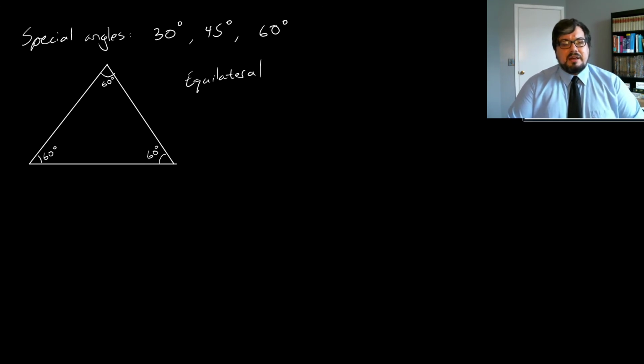And since the interior angles of a triangle have to add up to 180 degrees, the three interior angles of an equilateral triangle each have to be 60 degrees. Now, for reasons that will become apparent in a second, I want to consider specifically an equilateral triangle with side length 2 on each side.